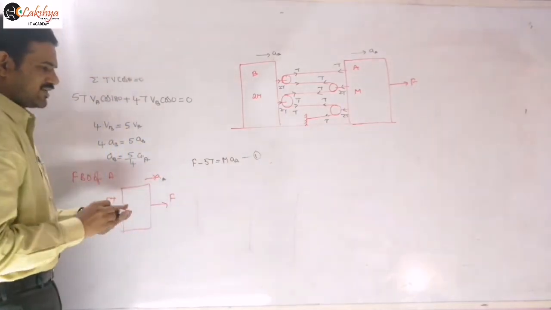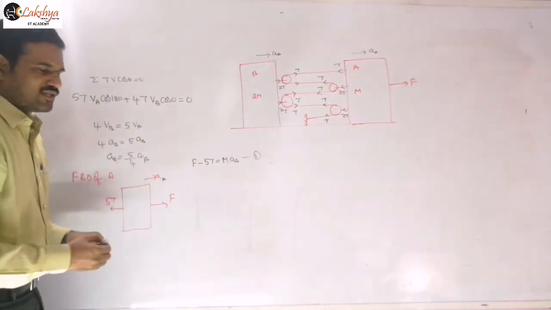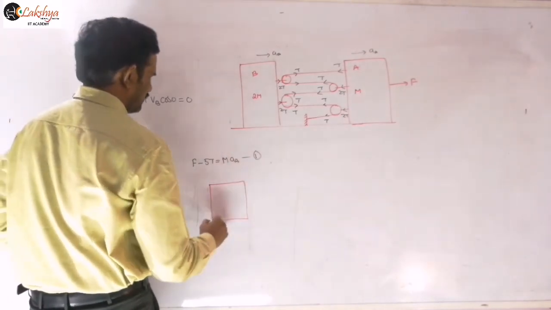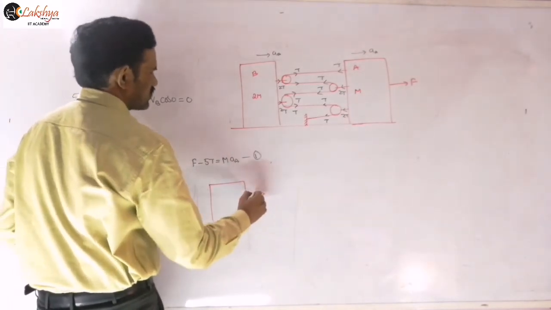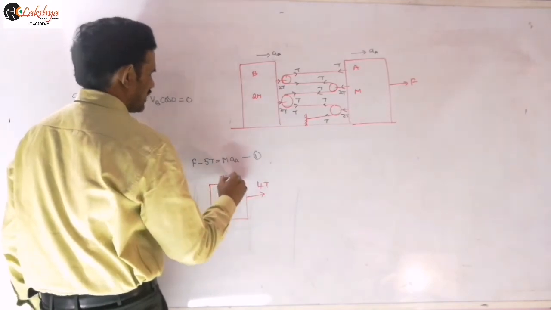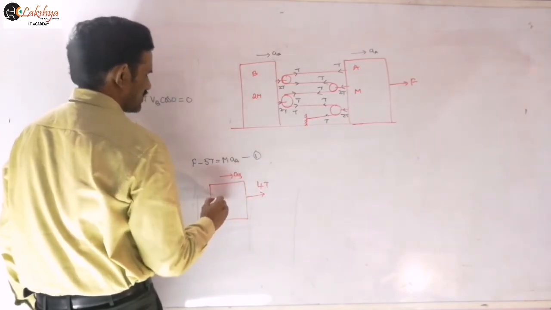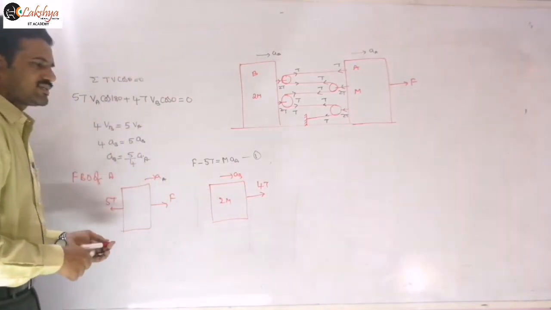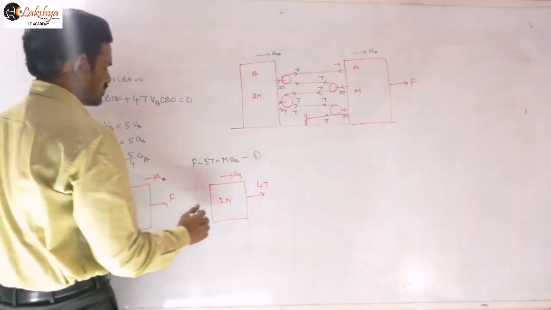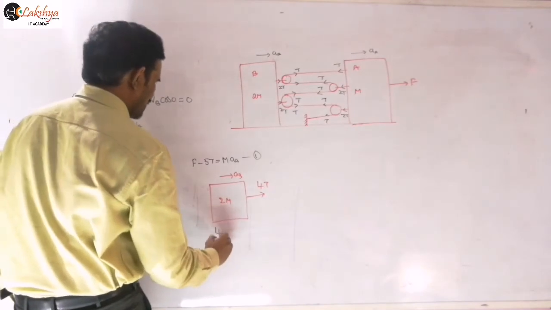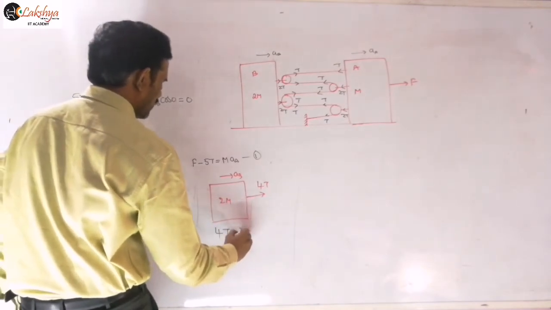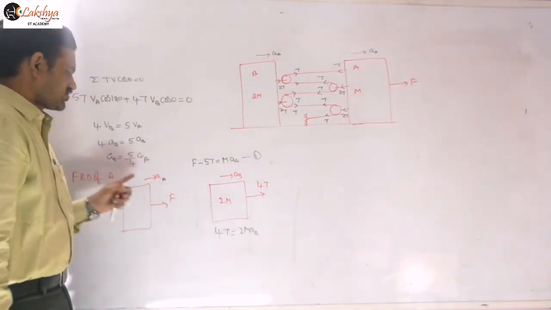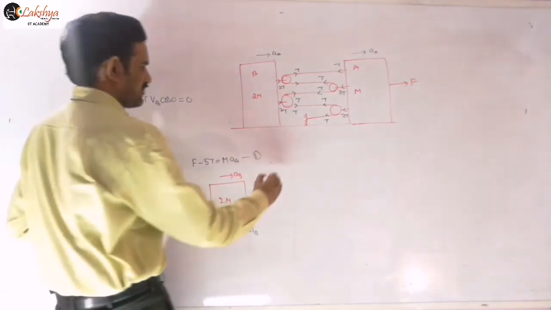And next similarly write the free body diagram of B, and then write the force equation for this. So totally 4T tension will be there, and the acceleration of B will be along this direction here. Its mass is 2m. So from that you can write the force equation: 4T is equal to 2m into acceleration of B. And this acceleration of B value you can substitute from this.